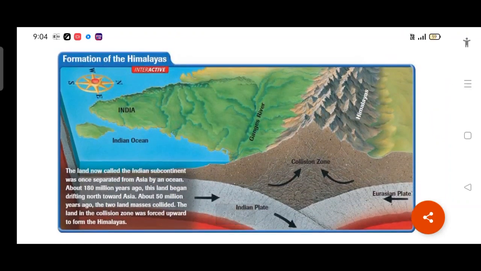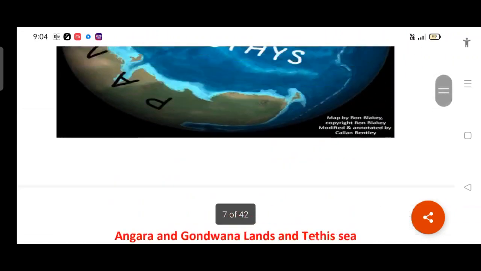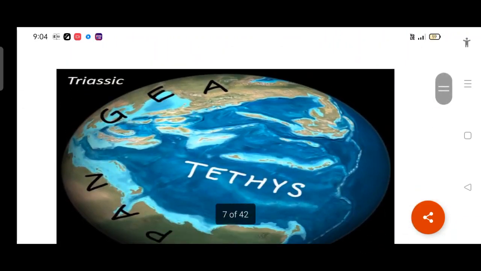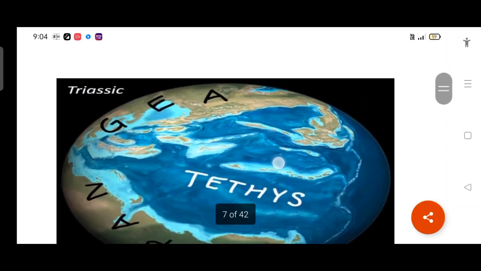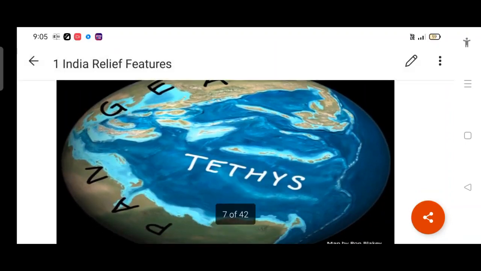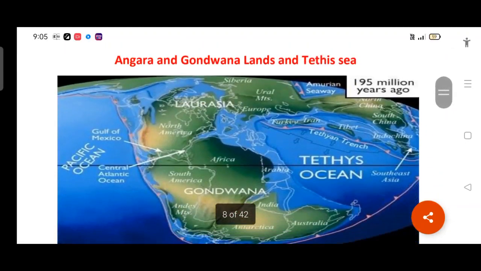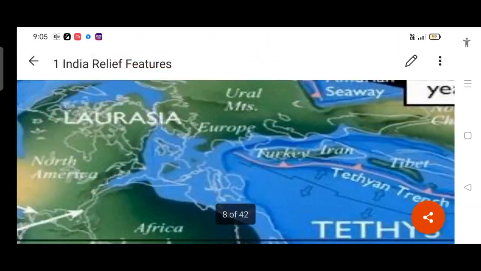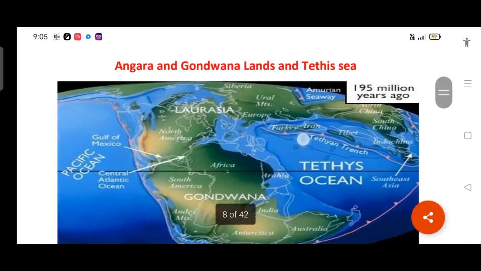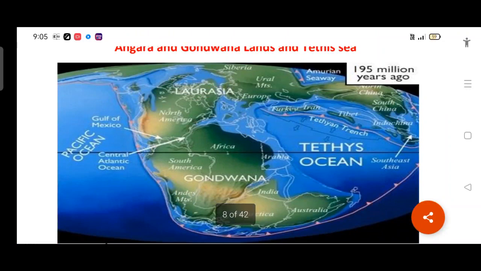Okay, children, I will explain again very briefly. In the ancient period, there were no seven continents, only two main parts. First one is the landmass, called Pangea, and second one is the water mass, called Panthalassa. Pangea later divided into two main parts, Angara land and Gondwana land. In the course of the years, Gondwana land was again split into many pieces like plates.